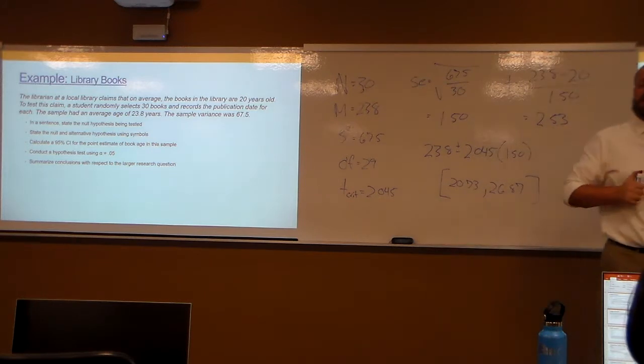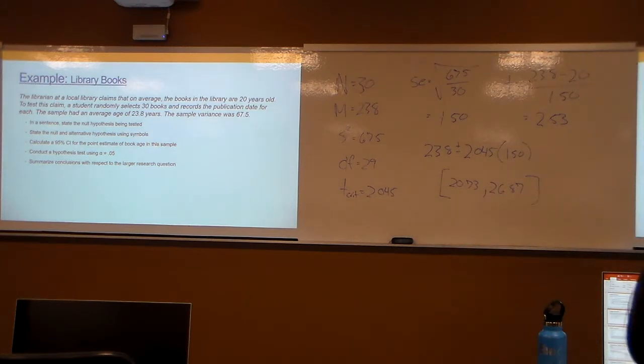And so from a classic hypothesis testing situation, this is my test statistic. Chrissy, what's my critical value? It was 2.045. So just based on my critical value and my test statistic, do I reject or fail to reject the null? Reject the null, right?